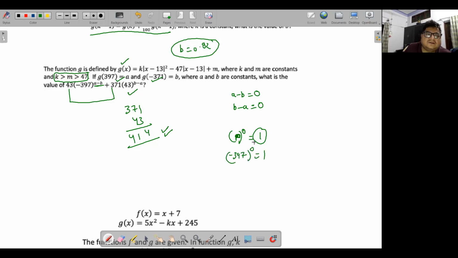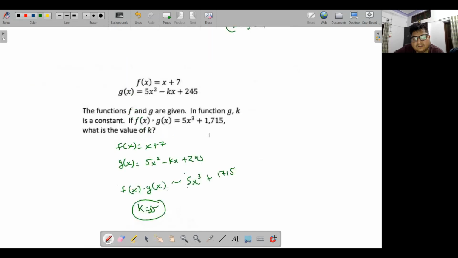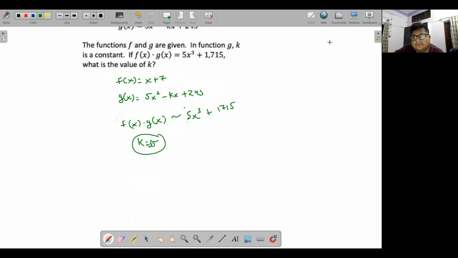I just gave you a scenario where you can just add 43 and 371, instead of writing all those things in a calculator. You will get 414. If you get this type of question, you can just add this part, 43 and 371. Now it is clear, Meghna? So we get the k value as 35.